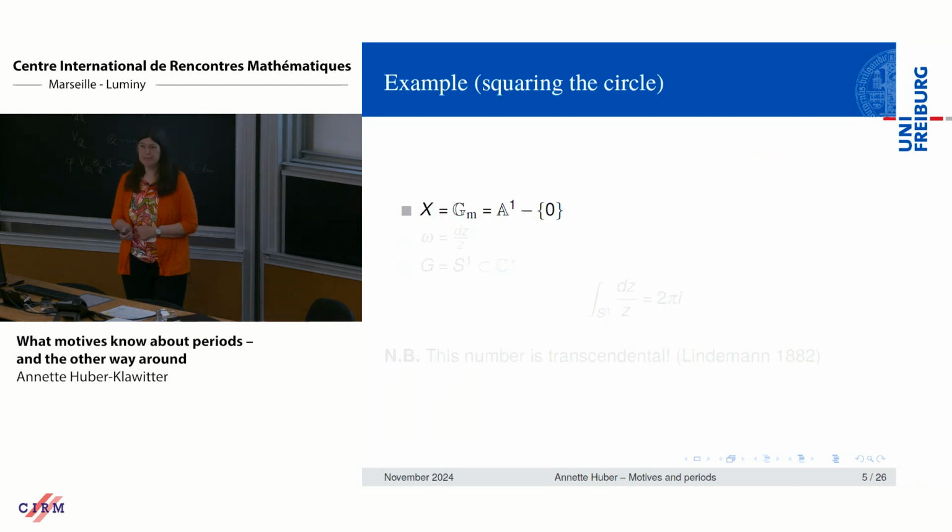Let's do a few examples, because then you'll realize that you have known this all along. So let's talk about Gm, A1 minus a point. That's definitely an algebraic variety over Q bar. Then we need a differential form. Let's take dz over z. It's a very nice global differential form with Q bar coefficients.